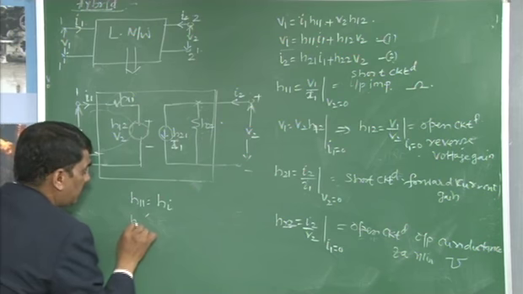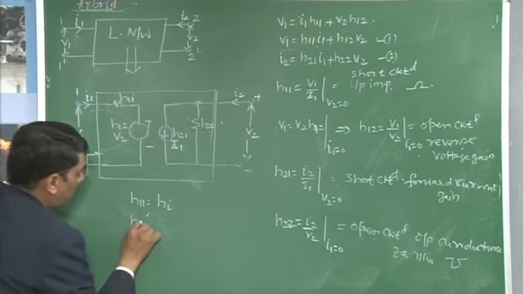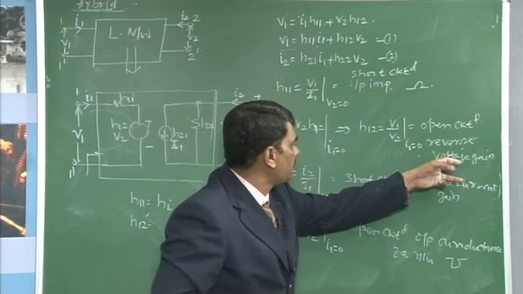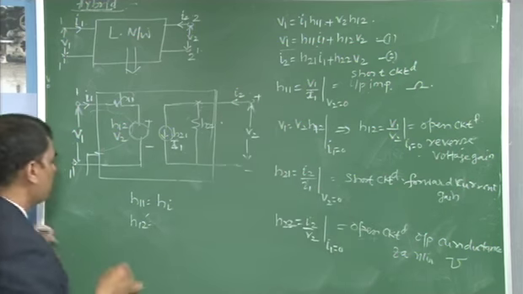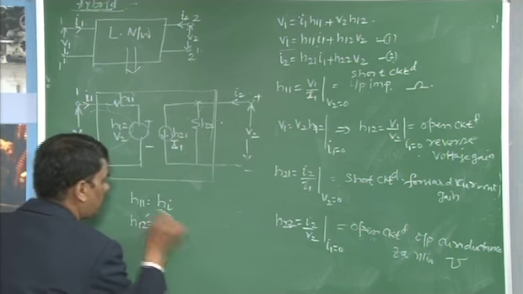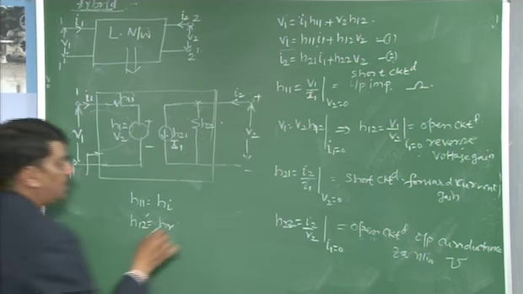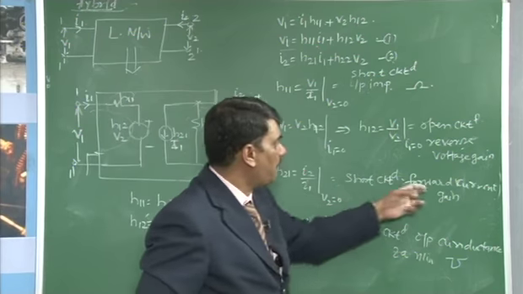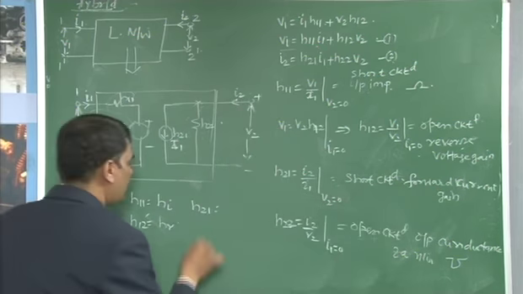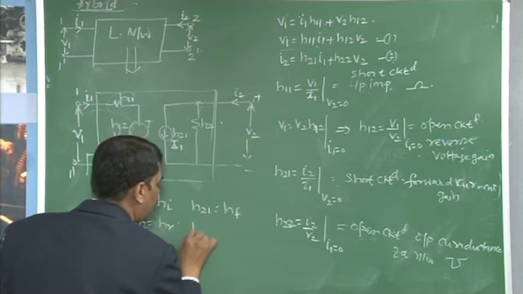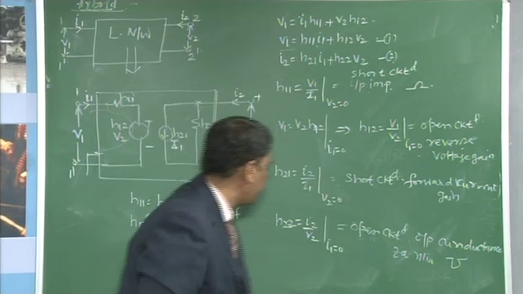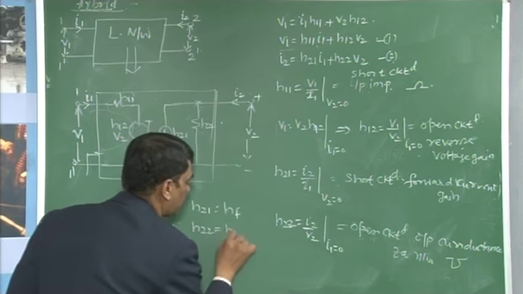H12 is defined as the open circuited reverse voltage gain, hence it is denoted with the suffix HR. H21 is defined as the short circuited forward current gain, hence it is denoted with HF, and H22 is the open circuited output conductance, denoted with the suffix H0.